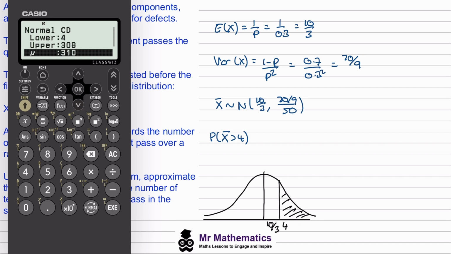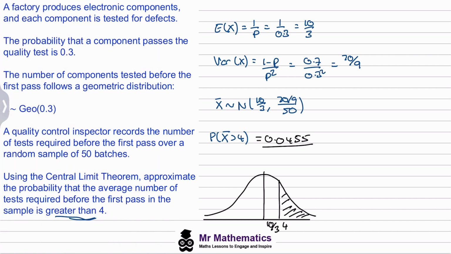The mean is 10/3, and the standard deviation is the square root of 70 divided by 9 divided by 50. And that will give us a probability of 0.0455. Okay?